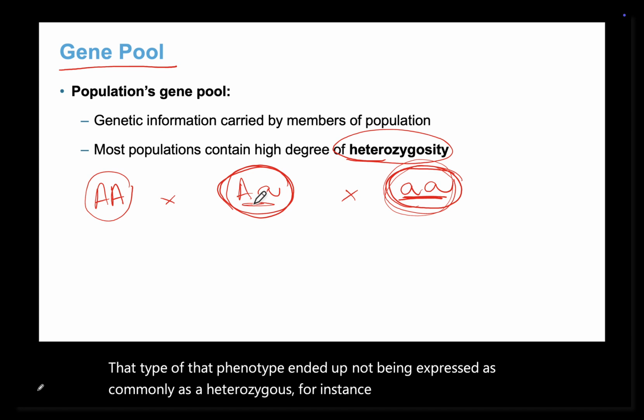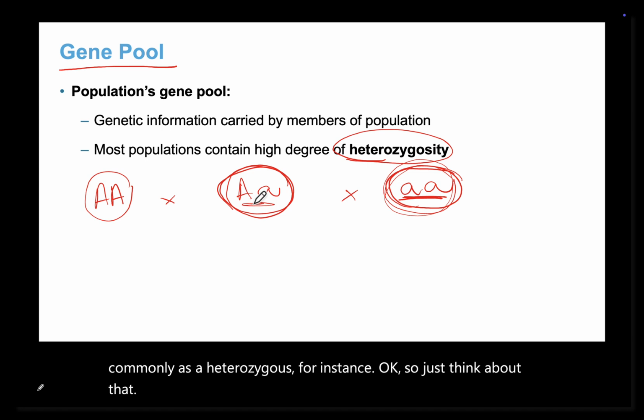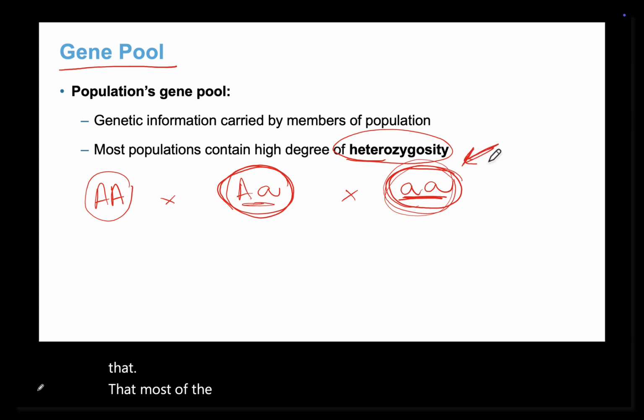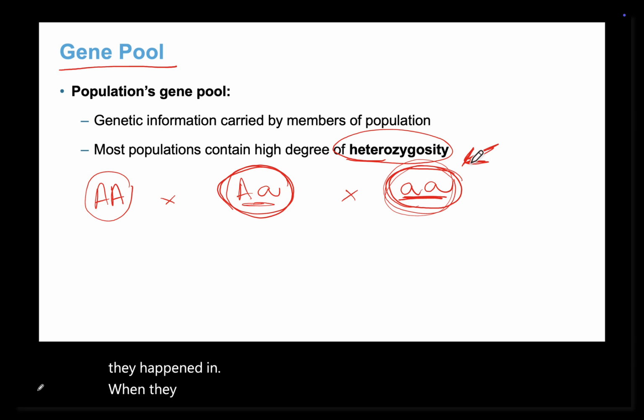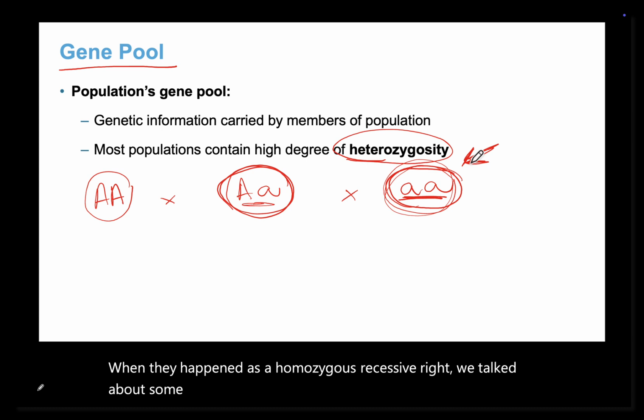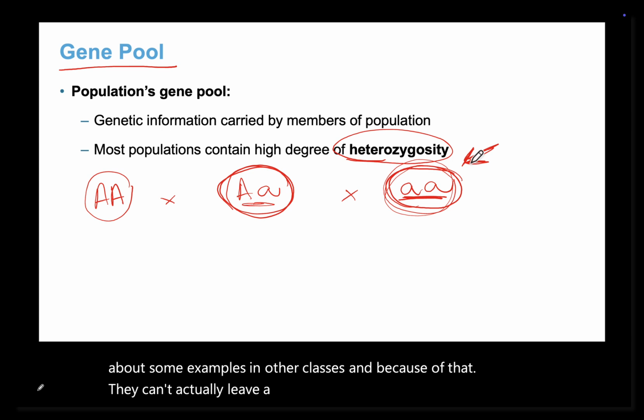Just think that most of the time some mutations can be deleterious when they happen as a homozygous recessive, right? We talked about some examples in other classes, and because of that, they can't actually leave offspring.